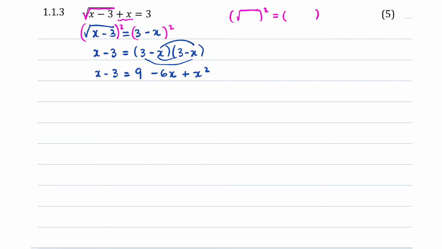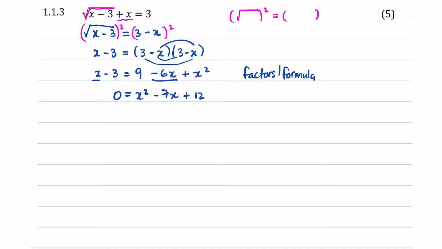I've got a quadratic equation that we want to solve with factors or the formula. Either way, we want to get everything equal to 0. Since I've got a nice positive x squared here, I'm going to keep my x squared on the right hand side. I've got negative 6x, but I'm going to subtract this x, negative 7x. I've got positive 9, but I need to add 3 to both sides, positive 12. And all of that is equal to 0.